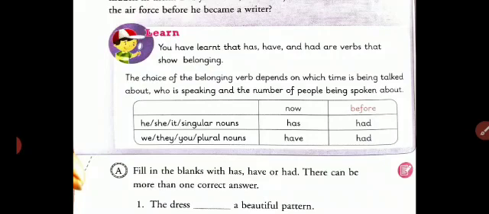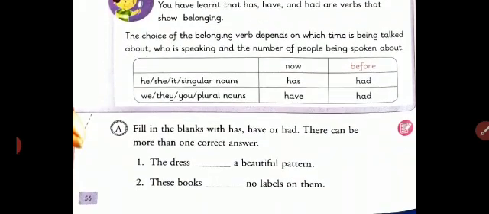Likewise, we have learned in the previous chapter also, now and before. Has and have we use for the present tense, and before, that is for the past, we use had. So he, she, it are singular nouns and we, they, you are plural nouns. So let's begin with the exercise and we'll understand more.